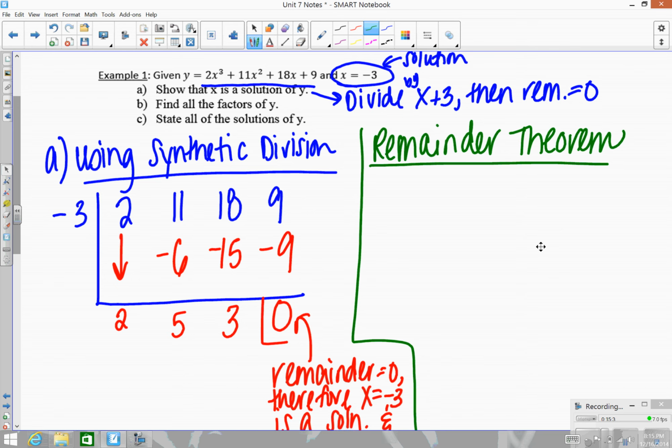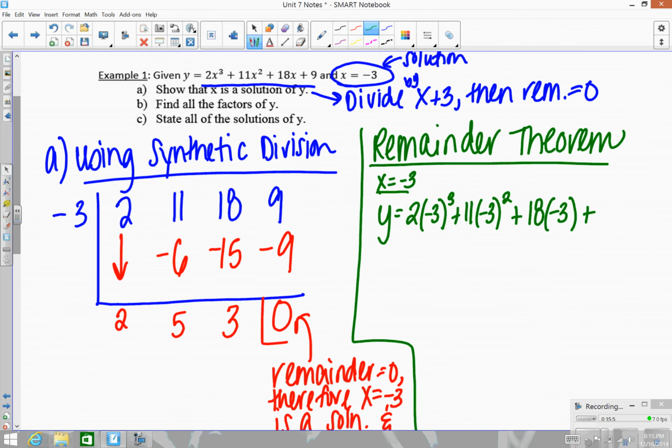So I'm going to take my equation and substitute x equals -3 in. I'm going to take y and plug in -3. Wherever you see an x, you're just replacing it with a -3, keeping in mind your parentheses, because you have to make sure that you're entering these correctly in your calculator.